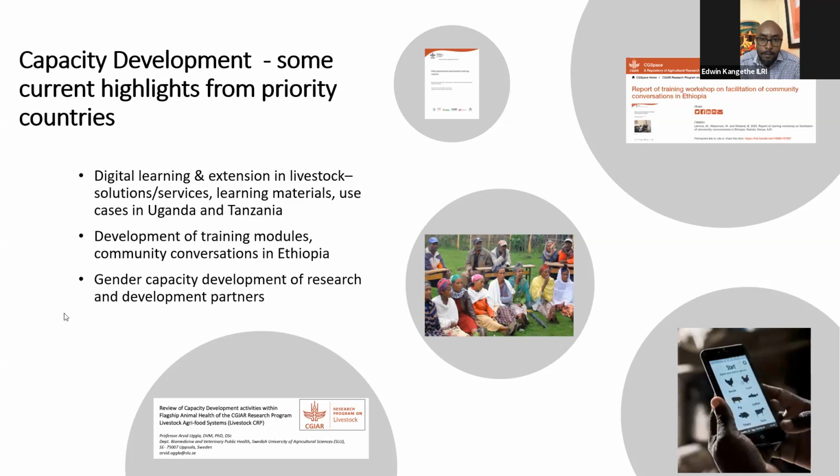The end products would be, in some cases, dramatized audio materials, like a small drama that you would listen to on your phone, or played in a group setting, then followed by discussion. They could be in the form of an animated video that can be played on the phone or projected on a screen in a baraza or in a forum in the village, and then discussions can take over.